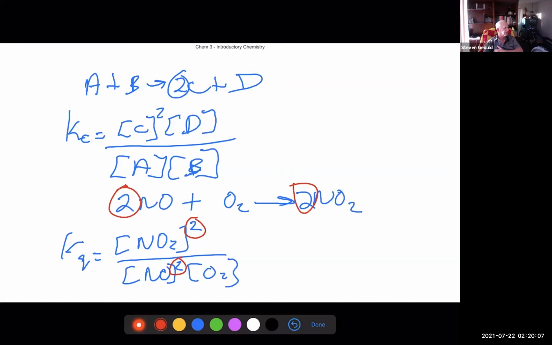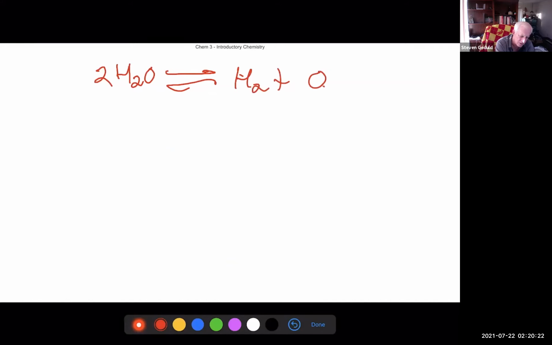And this is when we did, looks real similar, just change the numbers a little bit. But let's work through this one. It was a reaction of H2O goes to hydrogen plus oxygen, all in the gas phase. To balance it, it is 2 waters, 2 hydrogens, and 1 oxygen.